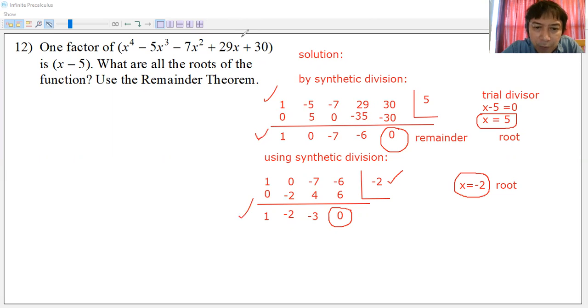So we can write this x squared minus 2x minus 3 there. And you can factor this, right? It's a factorable trinomial like this. And you have x, x, 3, and 1 there.